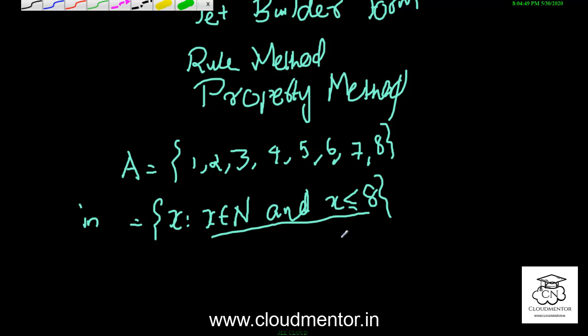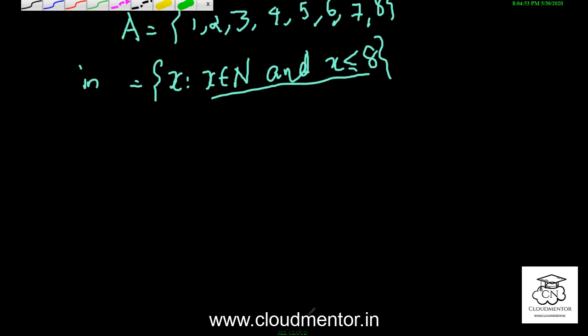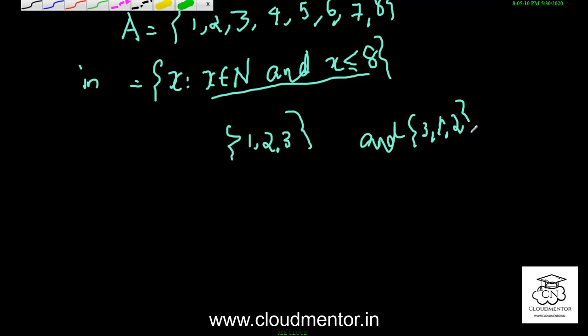Some points to be noted regarding sets: the order of elements in a set has no importance. For example, the set 1, 2, 3 and the set 3, 1, 2 are the same sets.